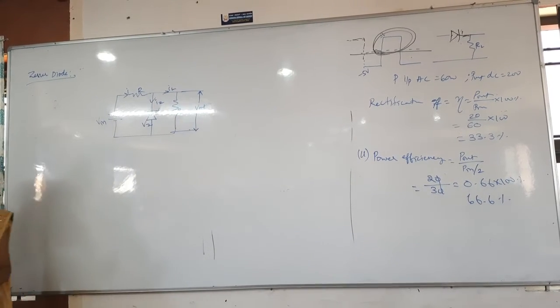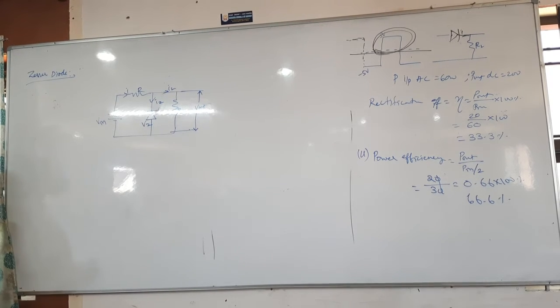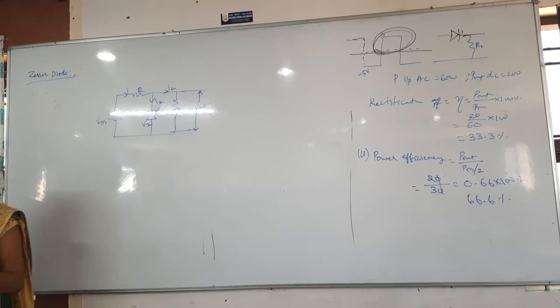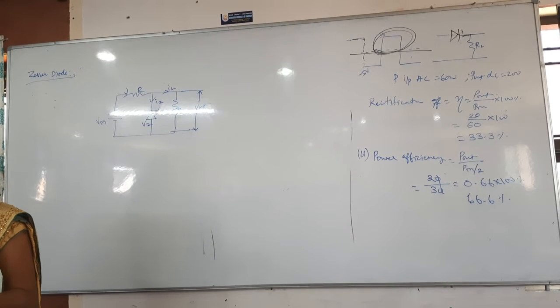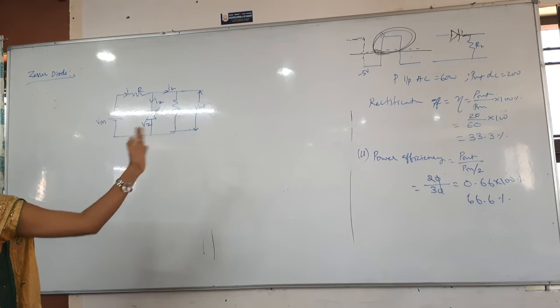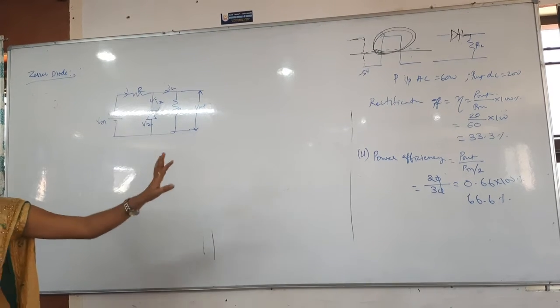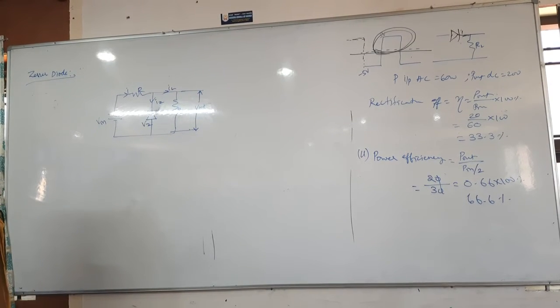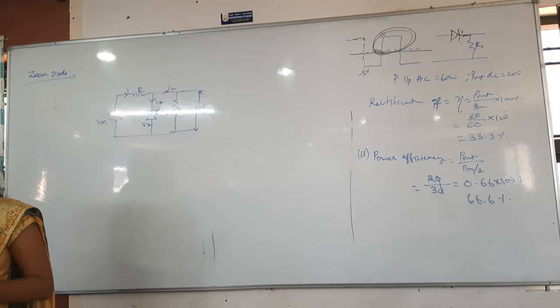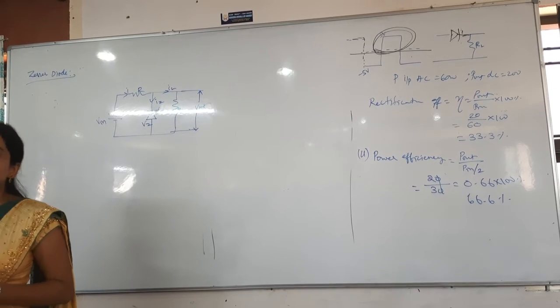Any idea about that? A Zener diode is used as a voltage regulator. What will a regulator do? In the name itself it is there. Any disturbances in the input power are dealt with. AC is finished completely in the rectifiers, and we come to DC input only here. So in my DC input signal, any fluctuations, whenever you get high power and then low power, will be regulated by the Zener diode.